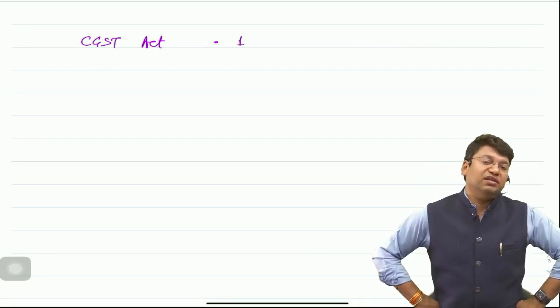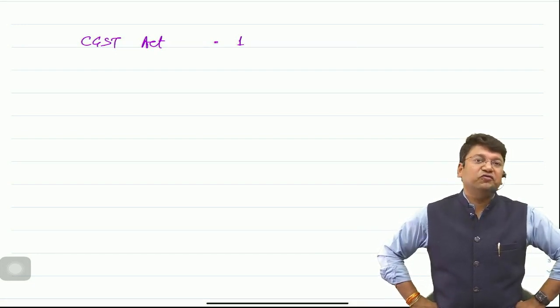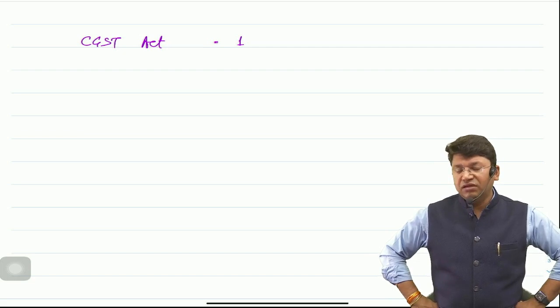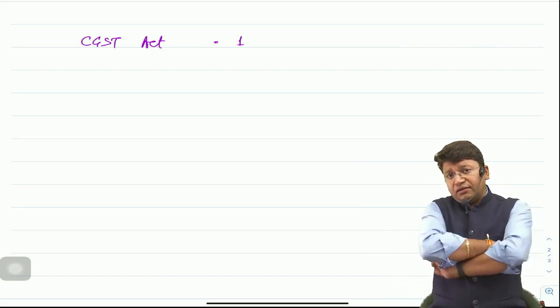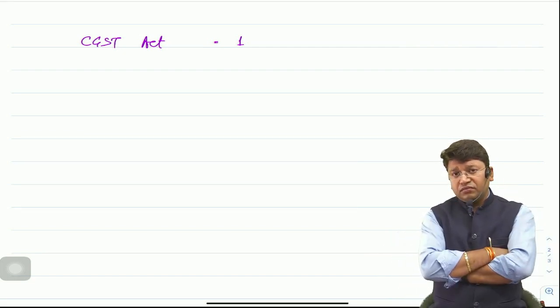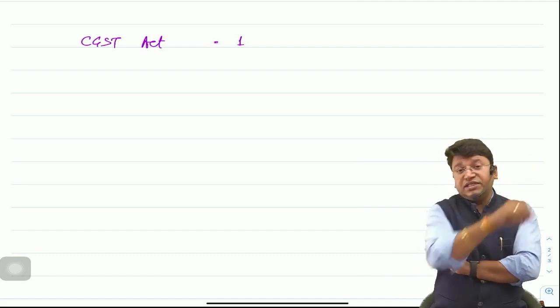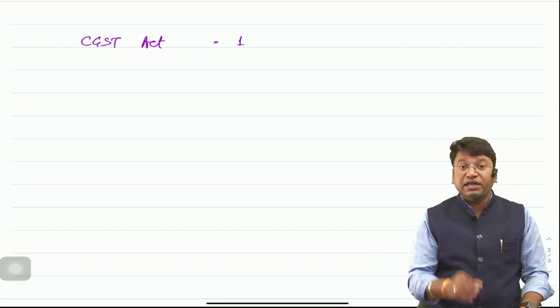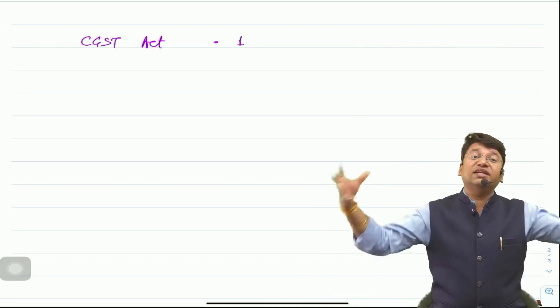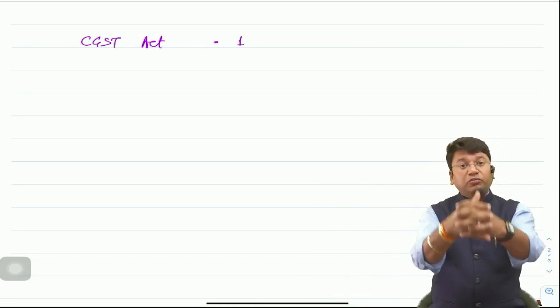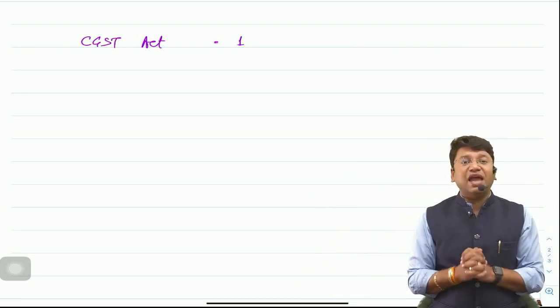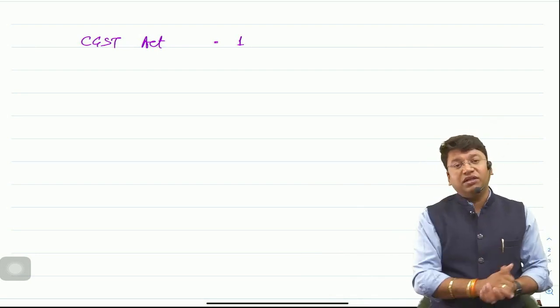Then it means all the power to frame the law under GST will come to the central government. So before introducing the GST, it was required that all the state governments and the central government come together and agree on the same act. But why will all the state governments agree?